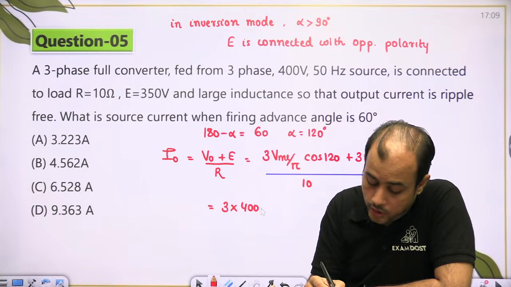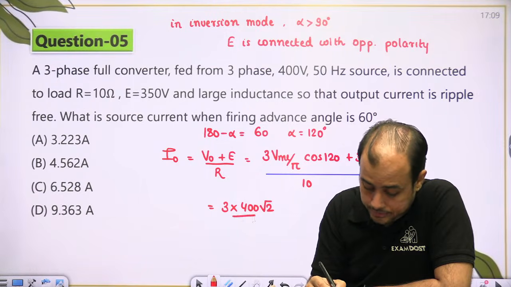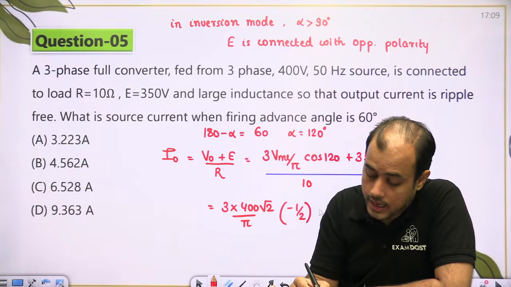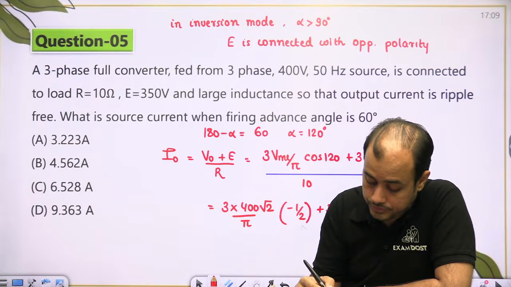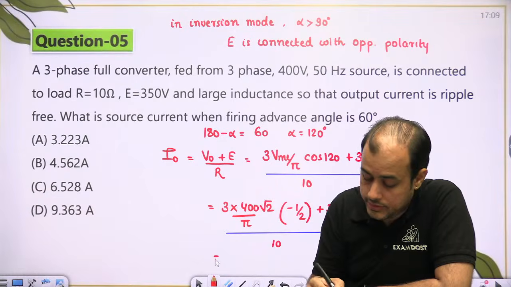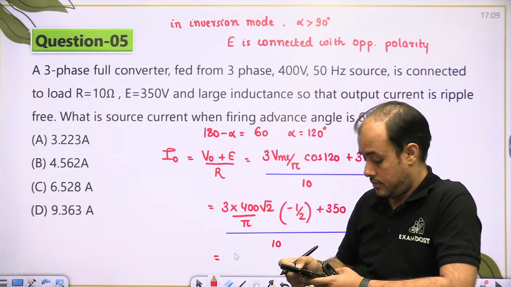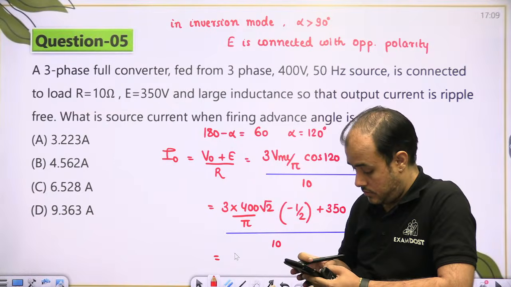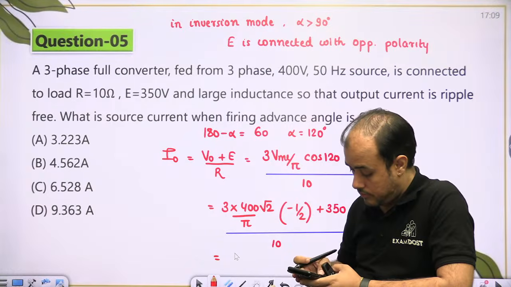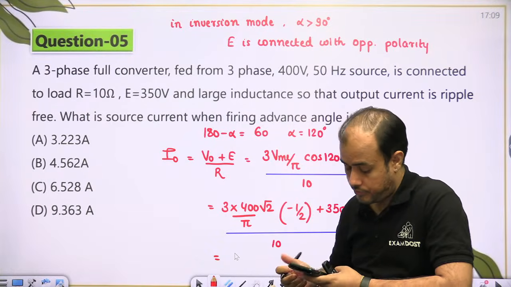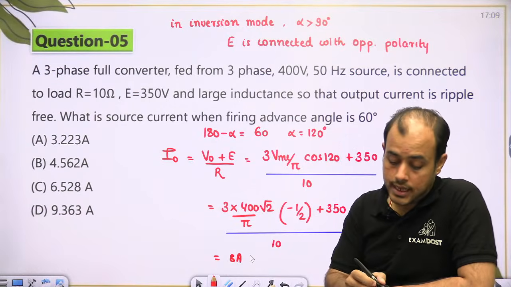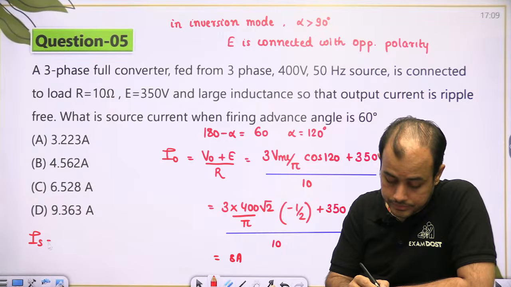Now बेटा, by default the voltage 400 is to be taken as RMS line to line value। बाय डिफॉल्ट उसको RMS लाइन टू लाइन वैल्यू मानना। 8 ampere. Now it is asking the source current.